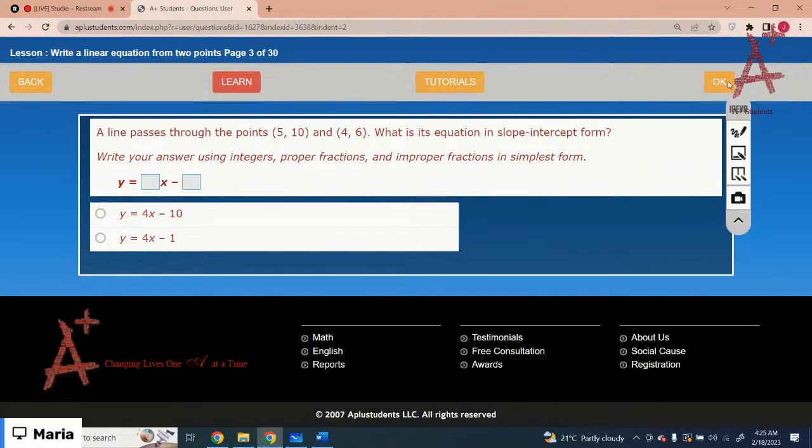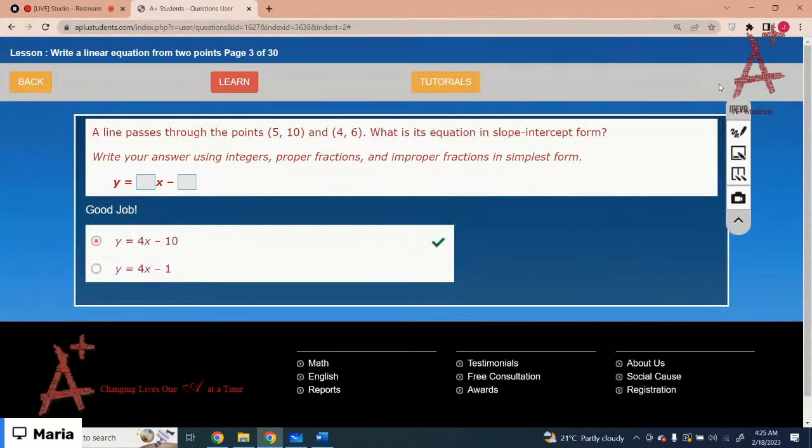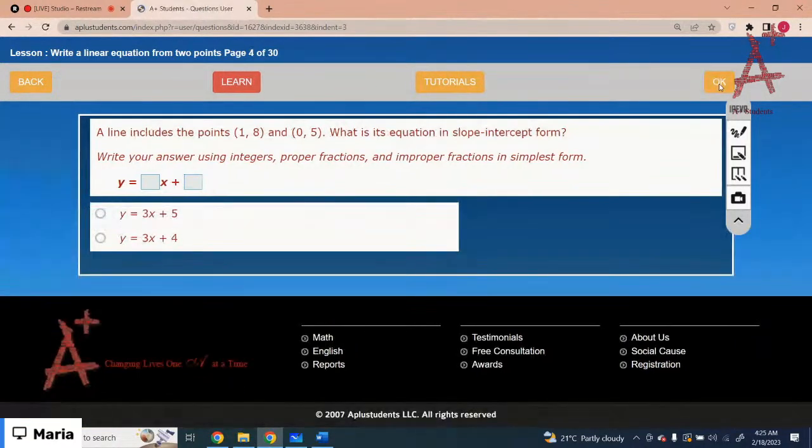So the correct option is option number 1. Got it? That is y equals 4x minus 10. Very good. Okay, which is the correct option?